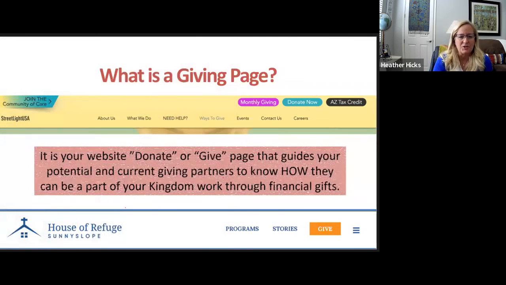So what is a giving page? We've used these two terms, giving page and donation form, and there is a difference, but we don't have to go through semantics. The idea is that a giving page is the page on your website, usually reached by a button on your home page that says donate or give, that identifies how someone can partner with you as a financial partner.